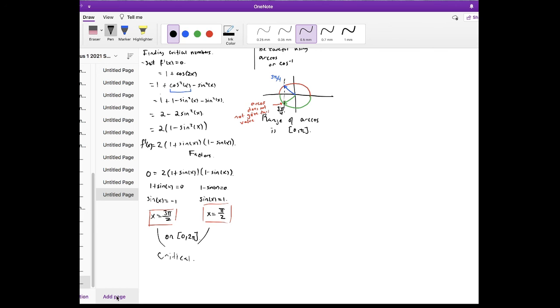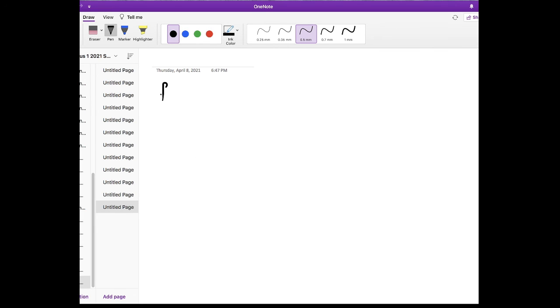So I'm going to do a new page. We have f prime is equal to 2, 1 minus sine, 1 plus sine. We have the critical numbers of pi over 2 and 3 pi over 2.